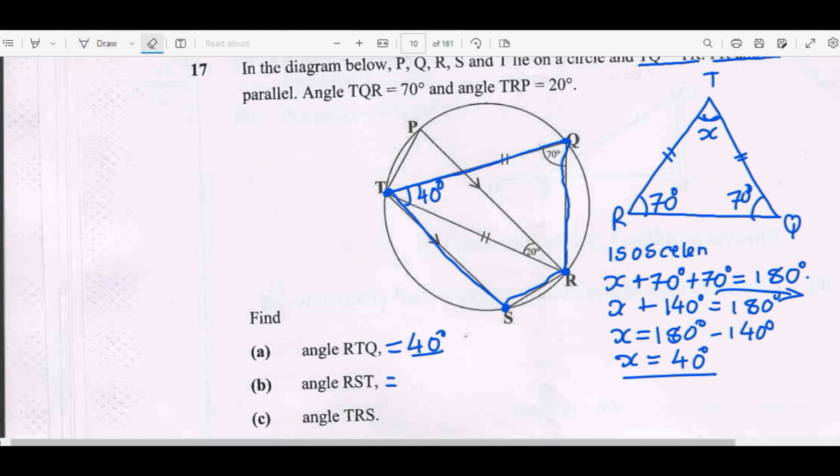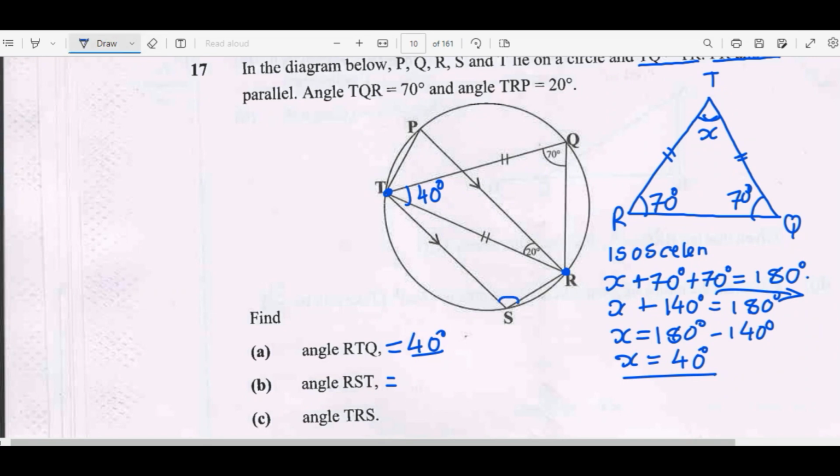So what are we forming? We are forming a cyclic quadrilateral. We have a property that states that opposite angles in a cyclic quadrilateral add up to 180. So the angle here is 70. The angle that is missing on S is the angle that, if we add it with the 70, will give us 180. Now how can we find this angle?